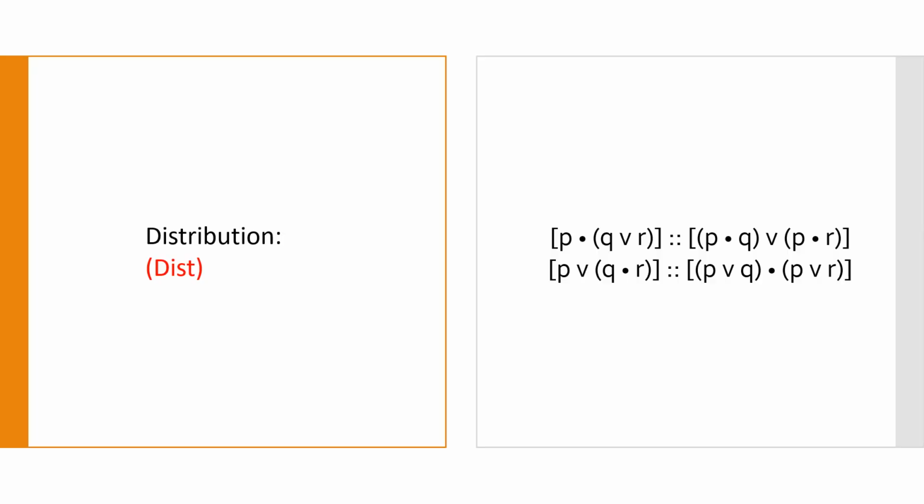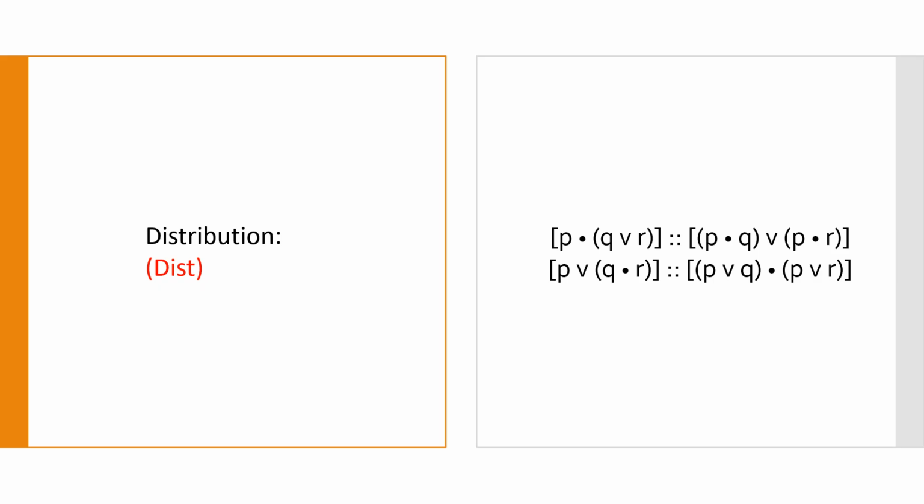So the rule of distribution stated formally with our double colons telling us that these are logical equivalencies would look something like this. In the first line, what I get, notice, is P and Q or R. And what I can do is simply distribute it out so that I get P and Q or P and R. And notice if I have P and Q or P and R, I can also go back the other way and basically say this is the same thing as P and Q or R. And notice then in the second line, we get the same thing, just with the operators swapped around.